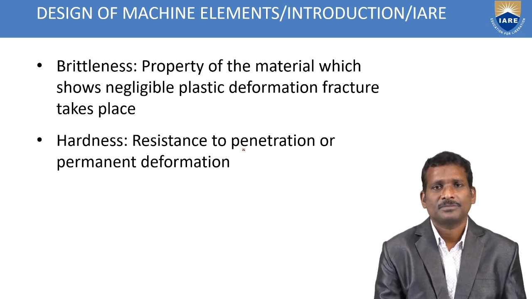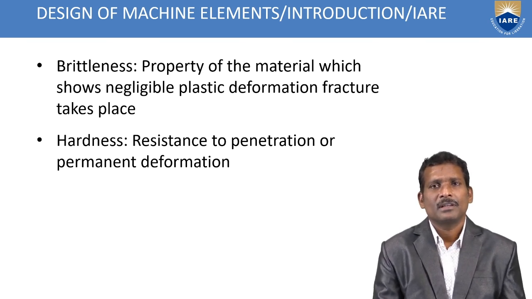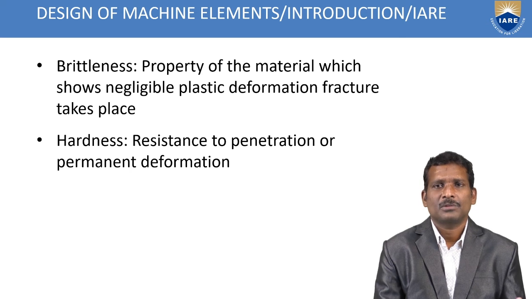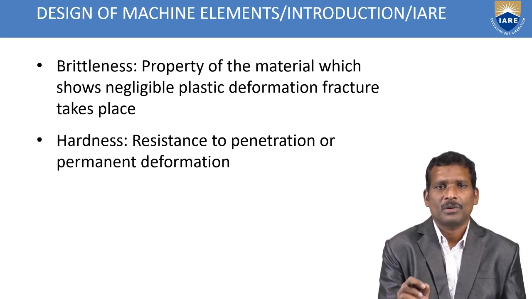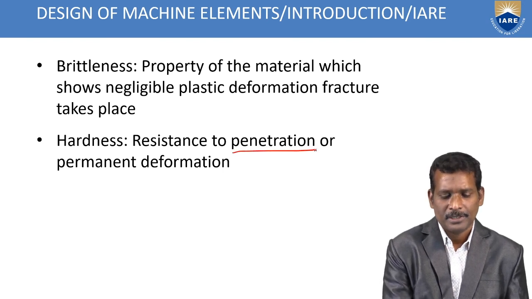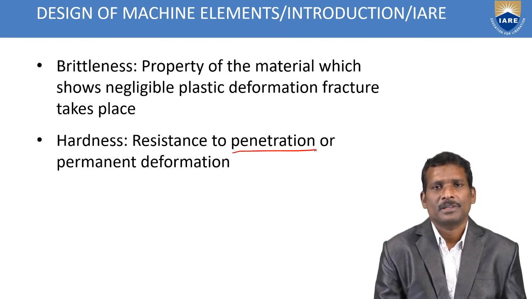And then hardness: the resistance to penetration or permanent deformation. Whenever load is applied on a particular material, it should withstand it, or otherwise not give any deformation, any marks and scratches. Clear? So the resistance to penetration, that property is hardness.